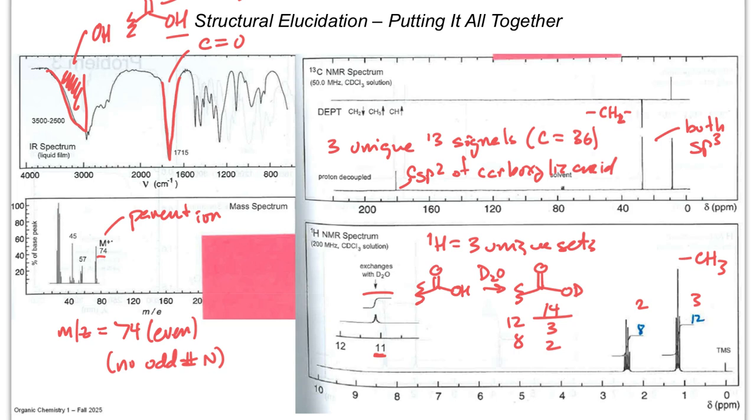So from all of this data, we have an acid fragment, a methylene fragment, and a methyl fragment. So now we're going to use the rules for Lewis dot, combine those things to come up with a structure.